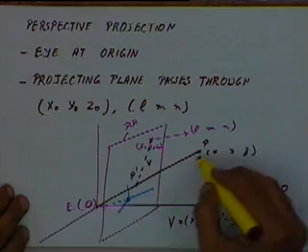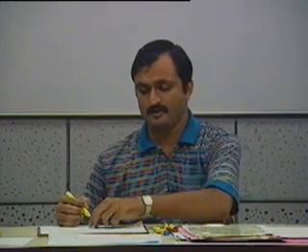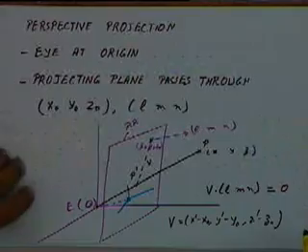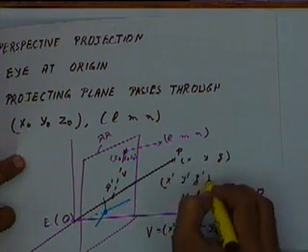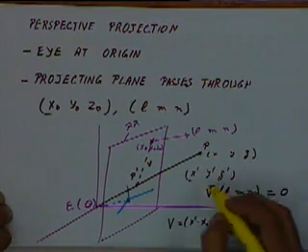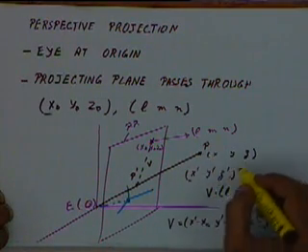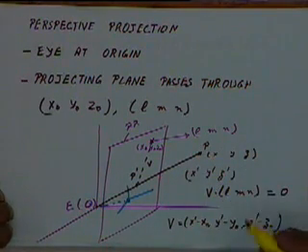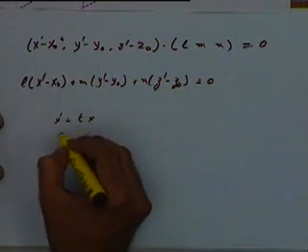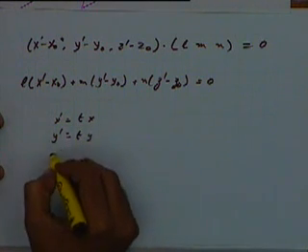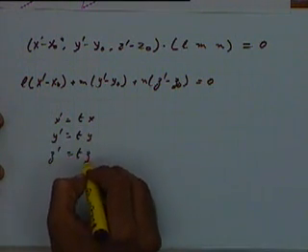If we take any point on this line, given by, let's say, x prime, y prime, z prime, then x prime by x will be equal to y prime by y will be equal to z prime by z. Or we can say x prime will be equal to t times x, y prime will be equal to t times y, and z prime will be equal to t times z.